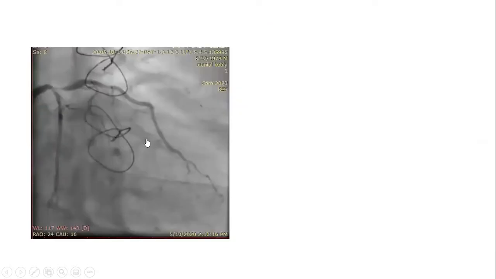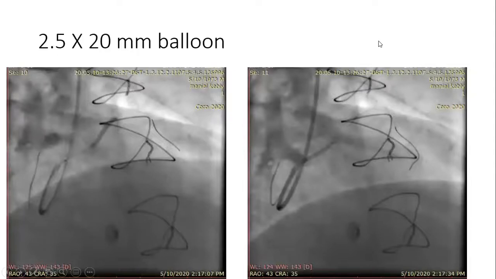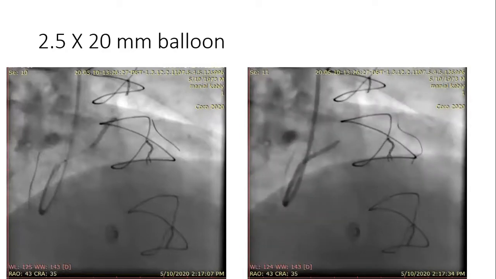So these are the still images for our patient, and these are the targets of our intervention for his symptoms. We have this lesion in the early diagonal branch and the ostial LAD, as well as the distal left main back to its ostium. So we started with balloon dilatation with a 2.5 by 20 millimeter balloon, and this was preparatory for IVUS imaging.